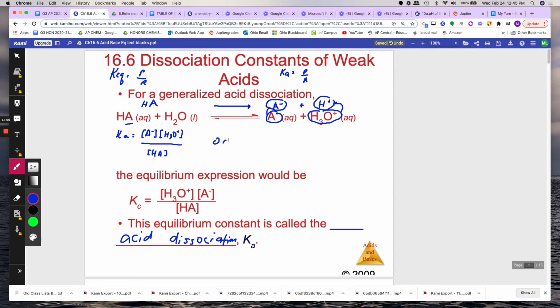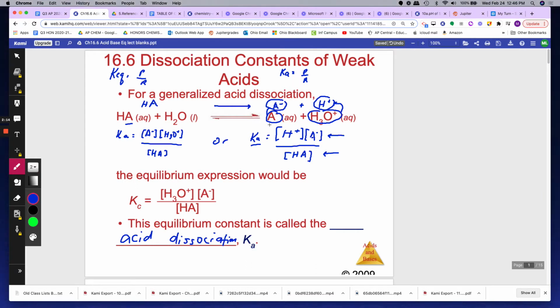So Ka can also be written as H plus times A minus over HA. It doesn't matter which one you write first. So what this tells me is that Ka is the ratio of the amount that dissociates over the amount that doesn't dissociate.